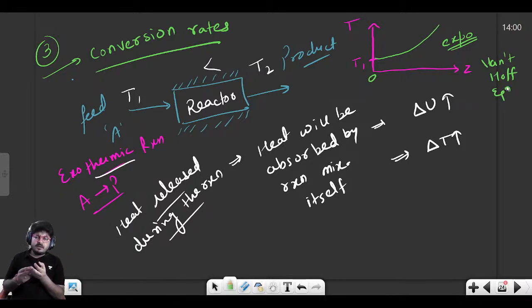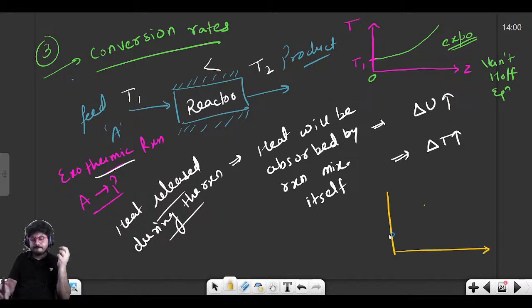Okay, so what will happen? Now understand. If I talk about the graph between equilibrium conversion versus temperature, I hope you guys know that for an endothermic reaction, the variation will be something like this between equilibrium conversion and temperature. And for exothermic reactions, the variation will be something like this.